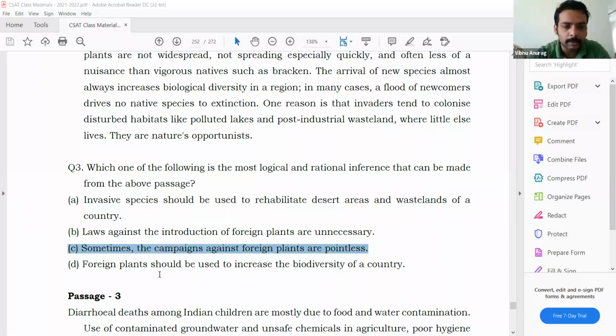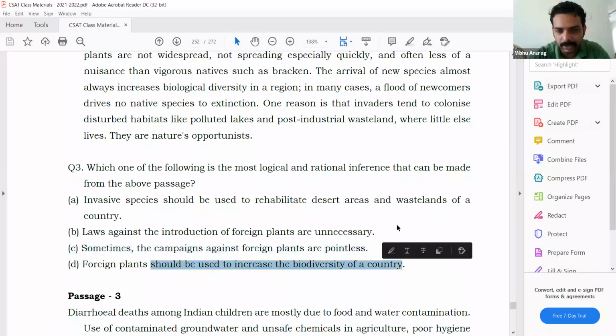Well, D is wrong because D says that they should be used to increase biodiversity. No such suggestion is given in the passage. That is why.